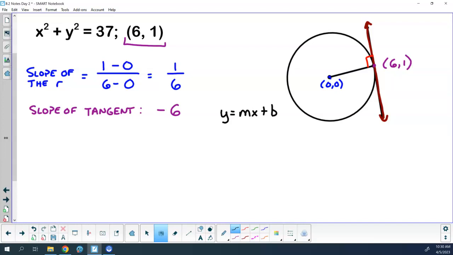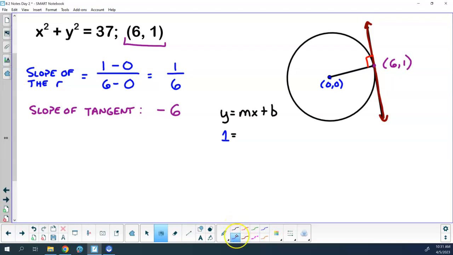What am I going to use for my y? In y equals mx plus b, we have y, x, and m. We just don't have the b. So let's use that to find our b. For y I use 1, because it's the y part of the point we're going through.